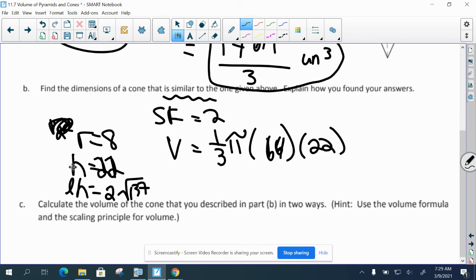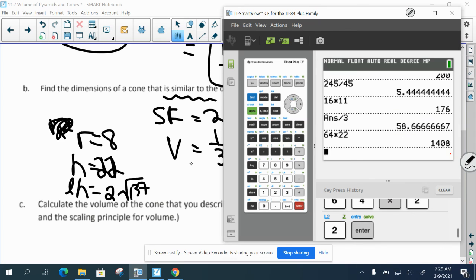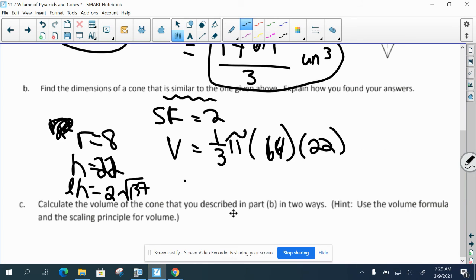So actually, I think that answers the question. And then calculate the volume of the cone that you described in 2 different ways. So use the formula and the scaling principle for volume. If we use the formula like I was just about to do, that would be 1408 pi over 3.